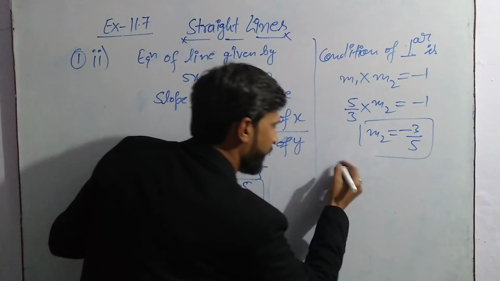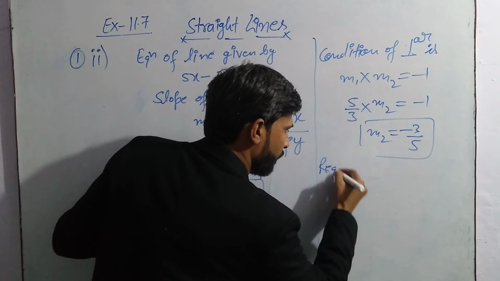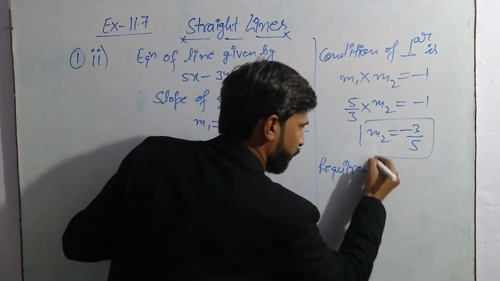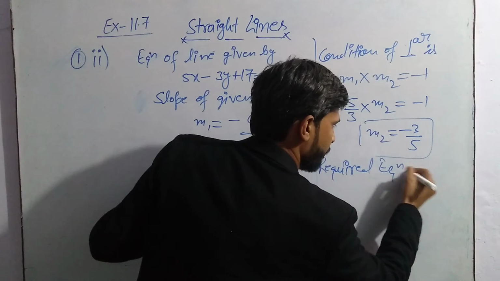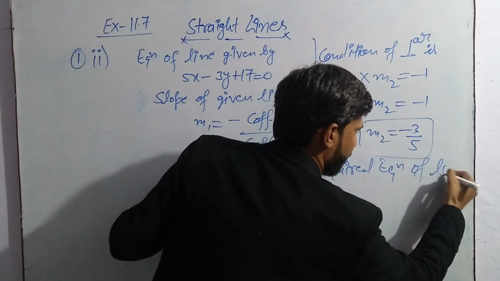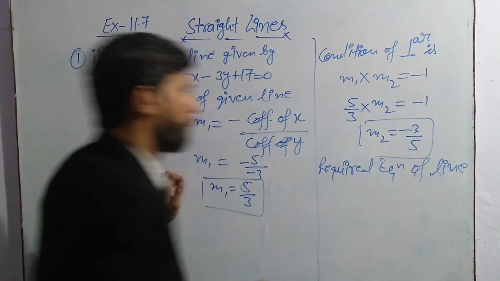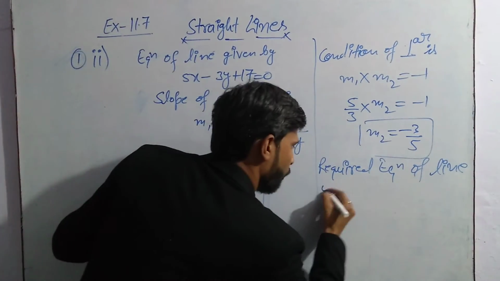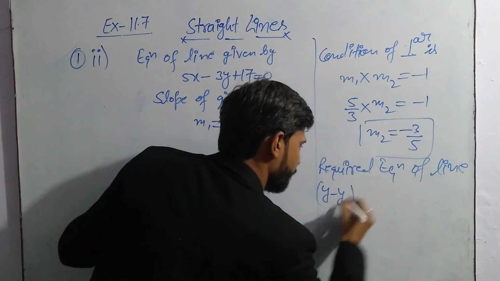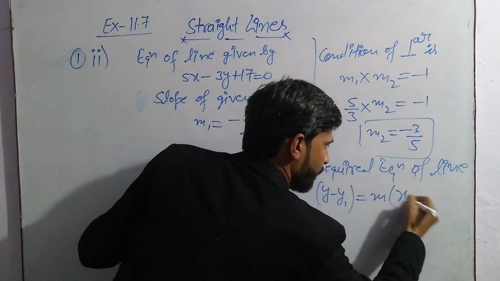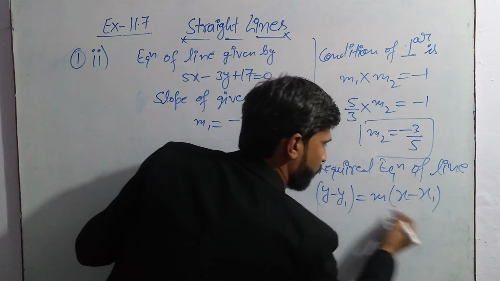Now the required equation of the line is y minus y1 is equal to m into x minus x1.